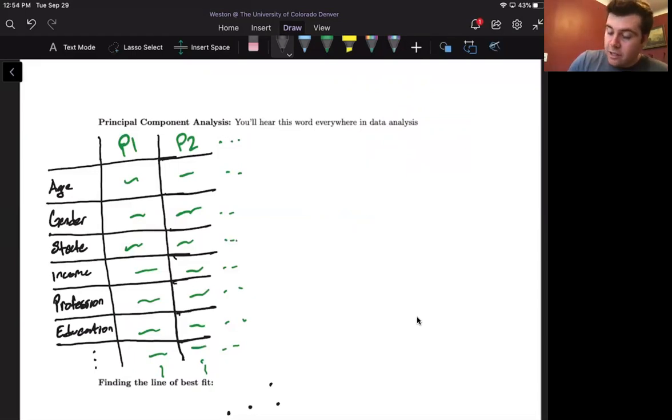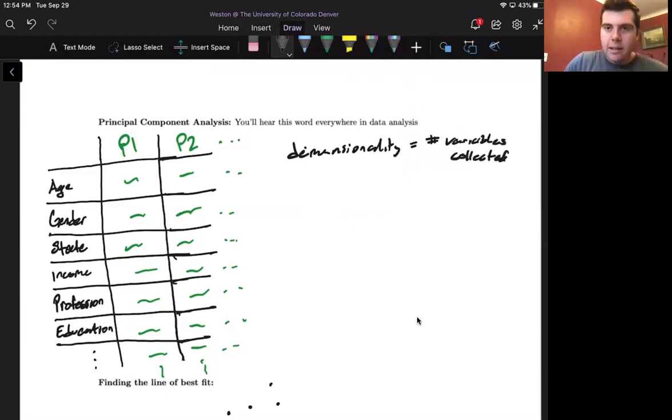Essentially, your dimensionality is the number of variables collected. And so sometimes you end up with a huge dimensionality for your data set.